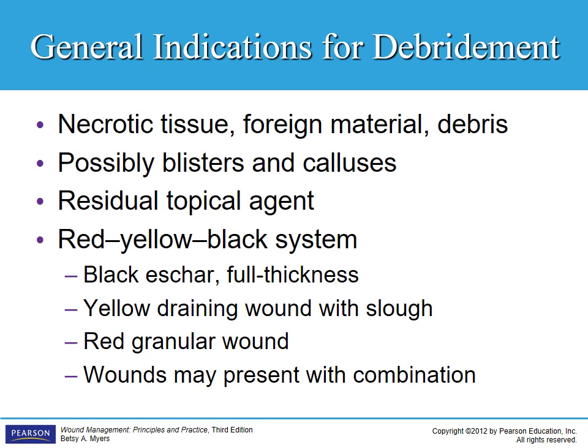If you have a red granular wound, that's what we want. We want granulation tissue. In the red, yellow, black system, the wounds are going to present with a combination of black, yellow, and red. If your wound is all red, there's no reason for debridement. So it's only if you have the yellow slough or the black eschar that you want to do debridement.